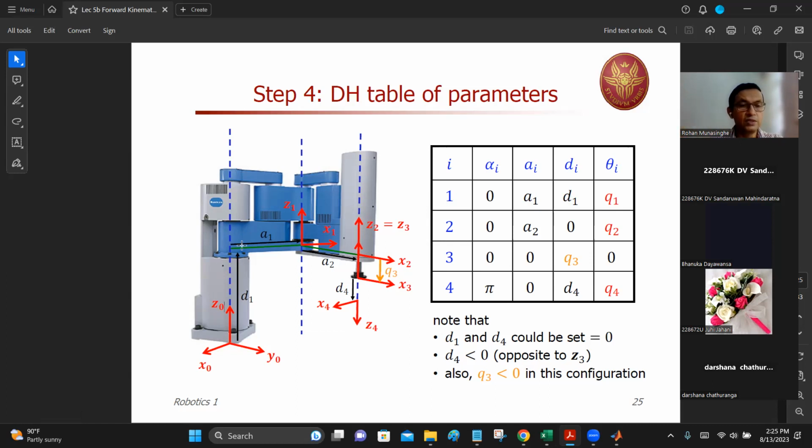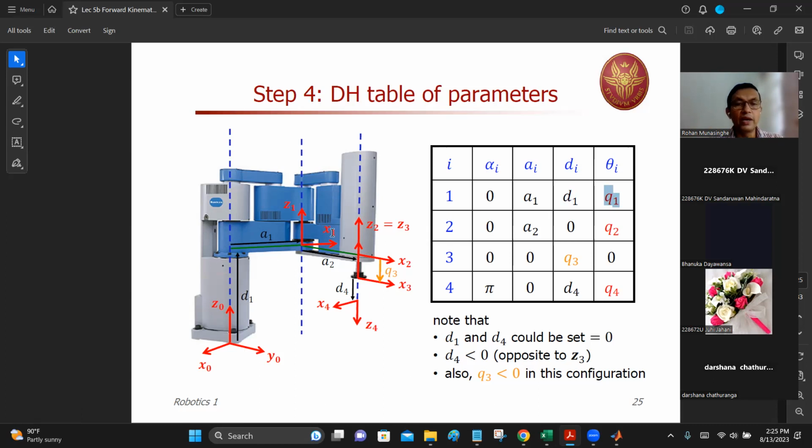First, we move upwards along the z axis, and the distance is d1. That is why d1 is over here. Very easy. Now you are not here anymore, you are somewhere here. Then you want to rotate x0 to x1 by some angle, so that is q1. Now you have x0 aligned with x1, looking in the same direction.